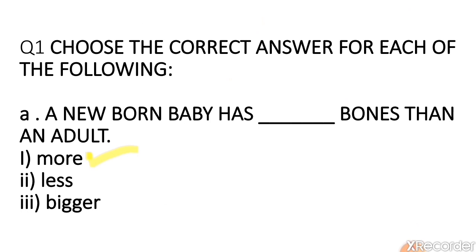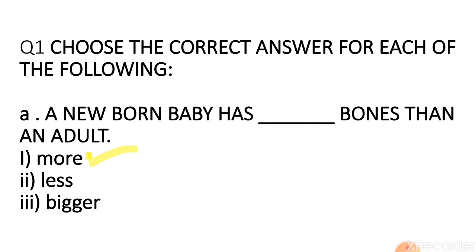And three options are more, less and bigger. An adult has 206 bones while a child has more than 300 bones present in the body. They are smaller than an adult's bones. Okay, so a newborn baby has more bones than an adult. In newborn babies, the bones are smaller, but the numbers are greater.